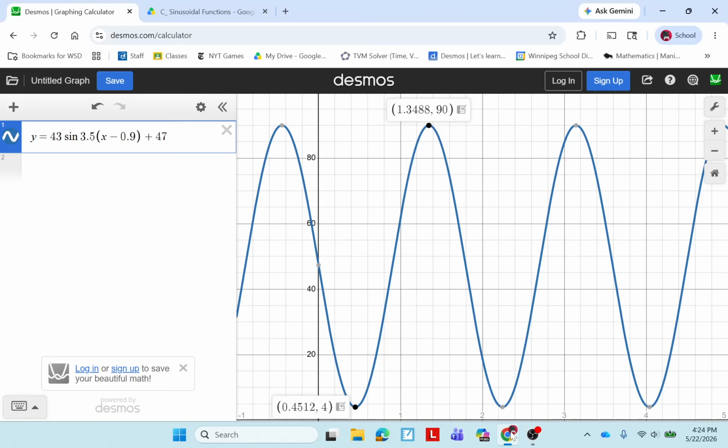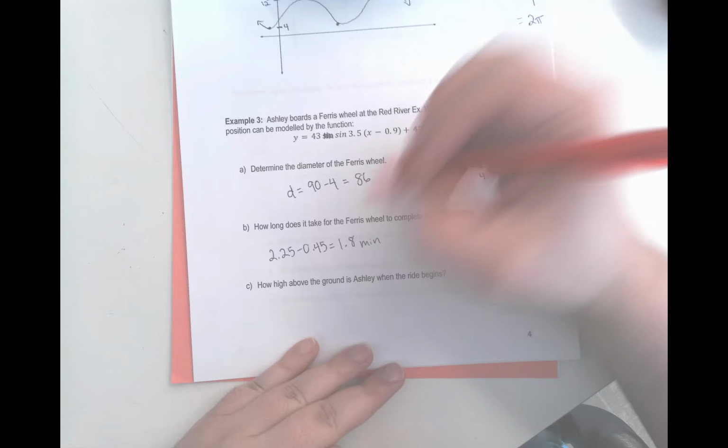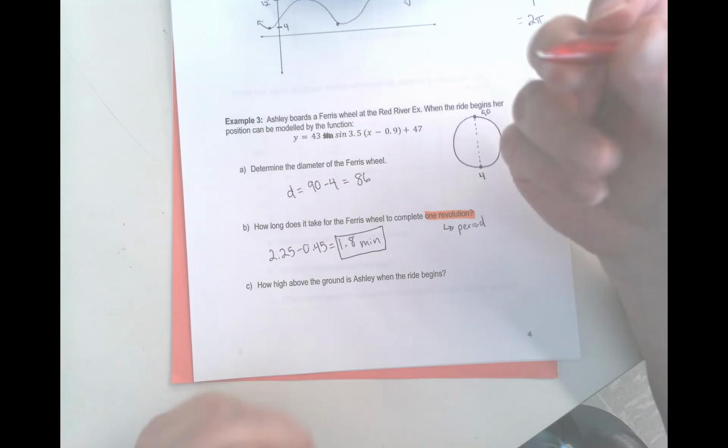So if we look at our graph here, and we just choose our two low points, it's going from 0.45 up to 2.25. So if we subtract those two numbers, 2.25 minus 0.45 is about 1.8. And I'm going to assume in this case it's 1.8 minutes. All right, so our one revolution is 1.8 minutes.